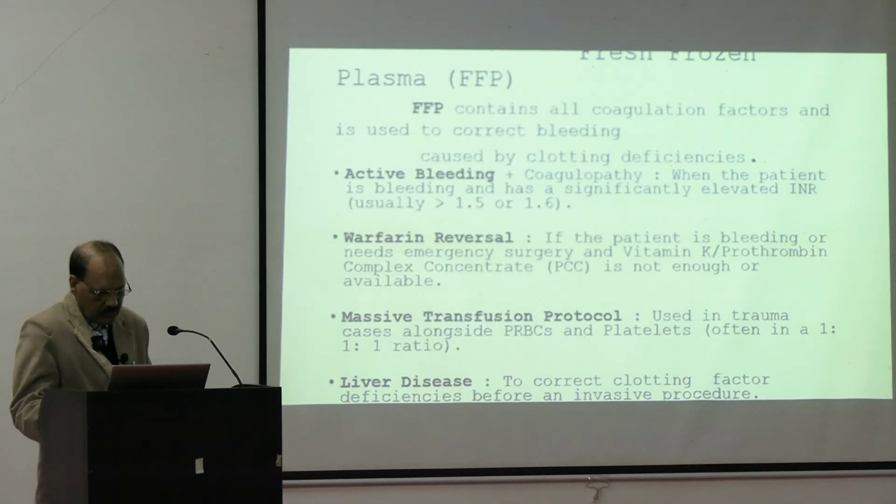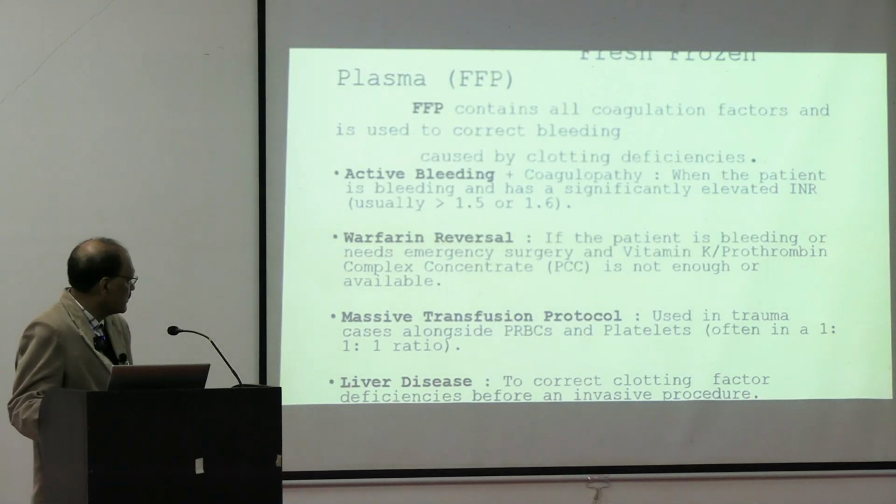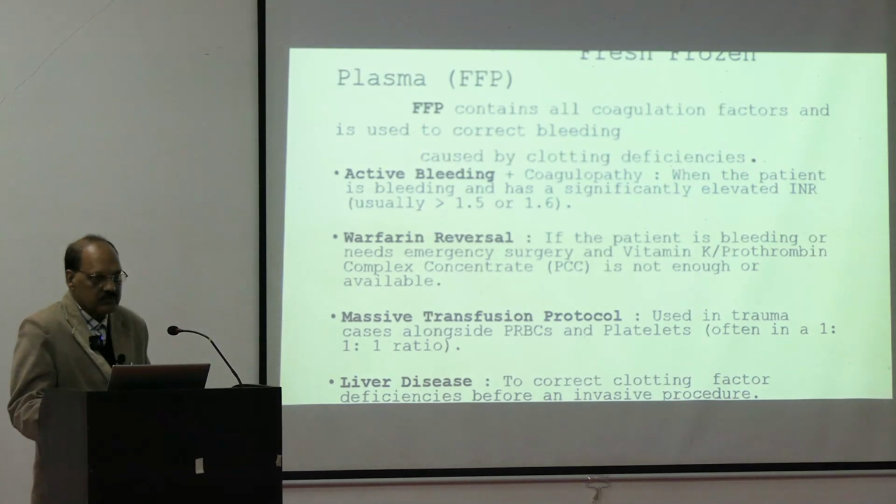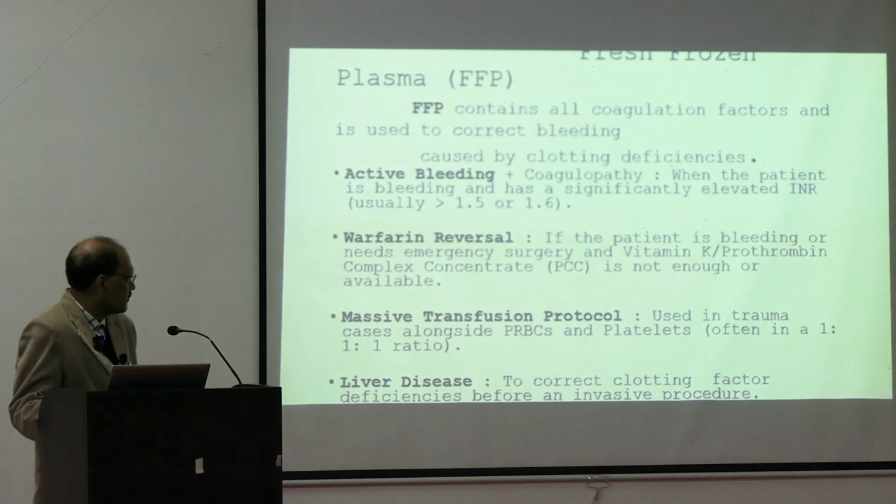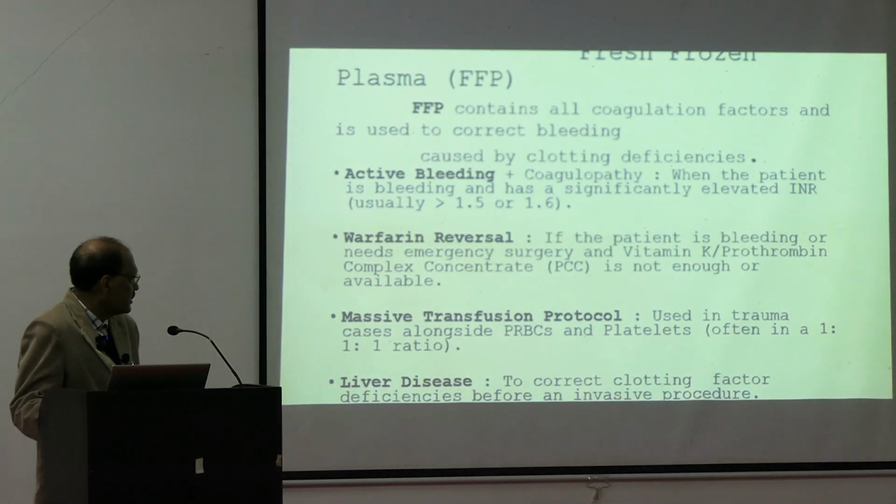Then there is the massive transfusion protocol, usually in a trauma patient, where we give FFP alongside PRBCs and platelets, often in a 1:1:1 ratio. We infuse the PRBC as well as platelets in this ratio, 1:1:1.